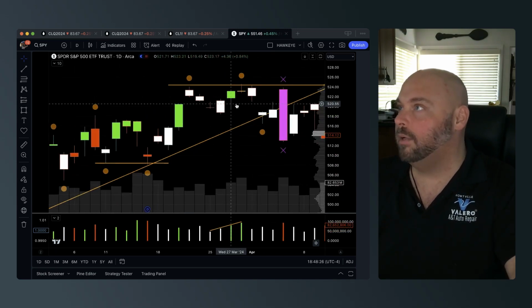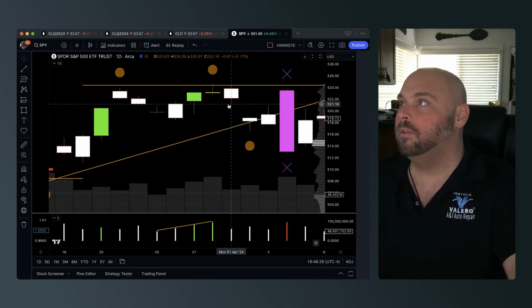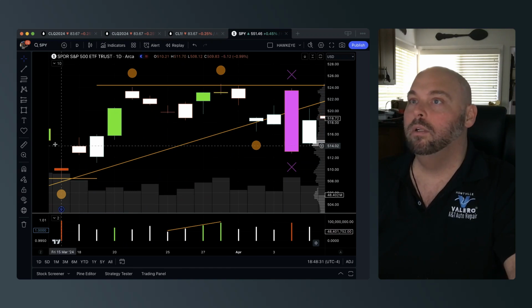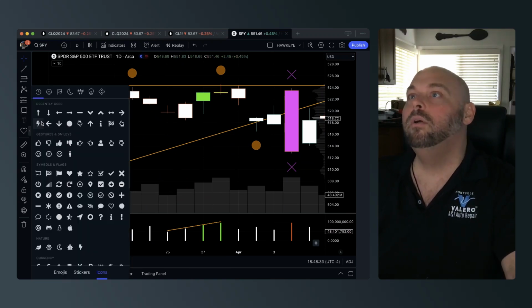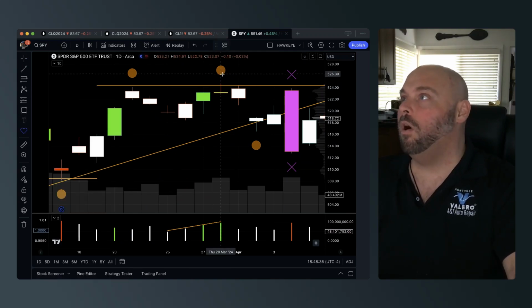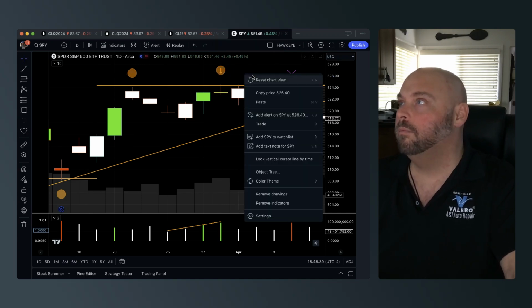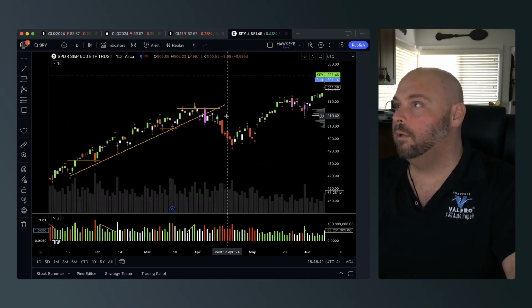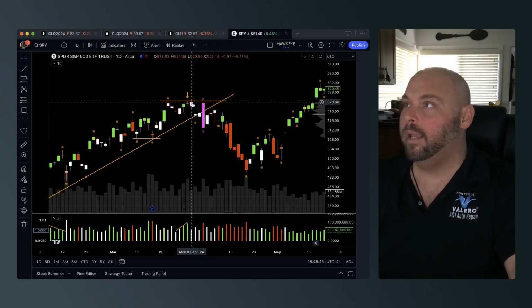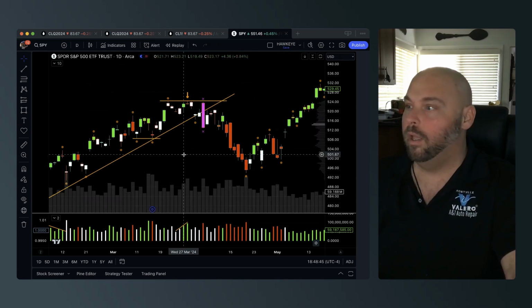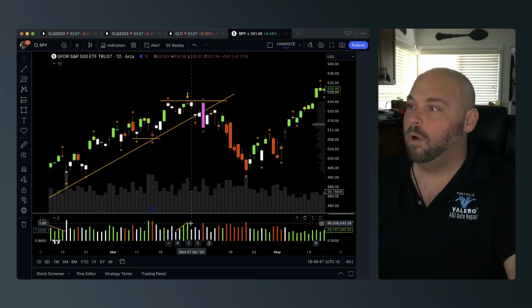Look at this candle. Does this candle right here look strong to you? That candle right there. Does that candle look strong to you if for four days in a row we're increasing buying volume?